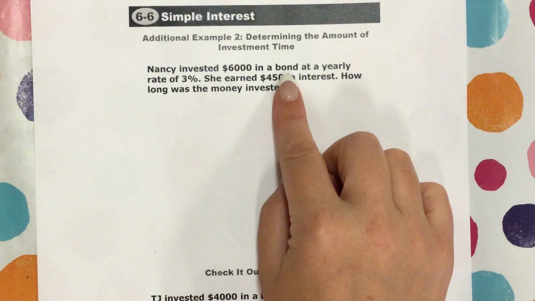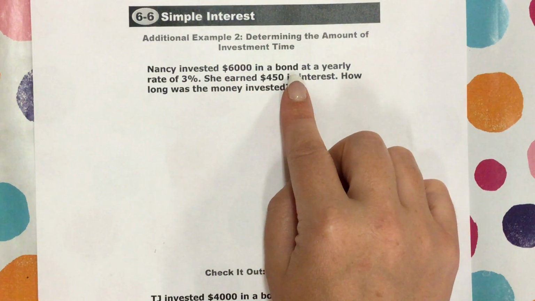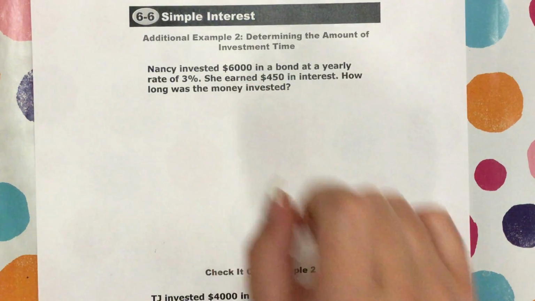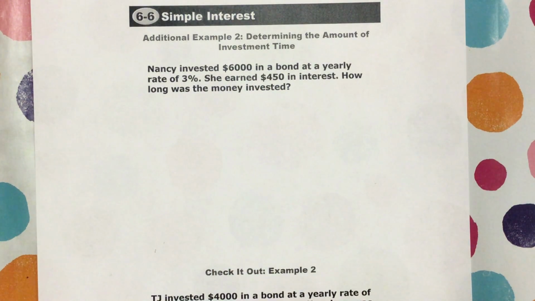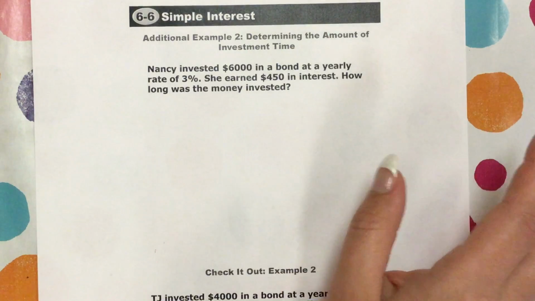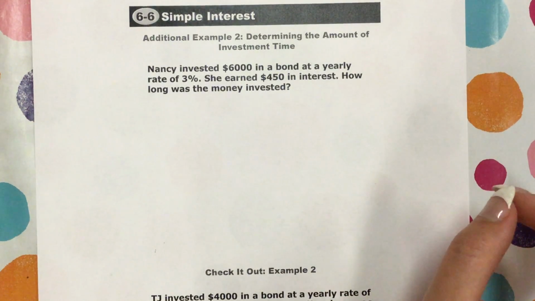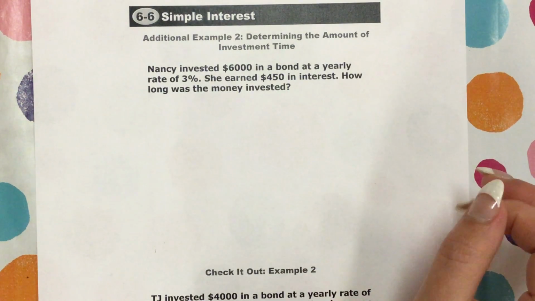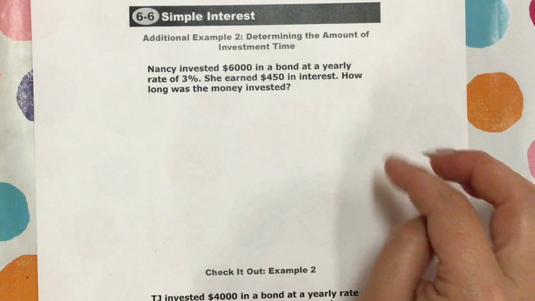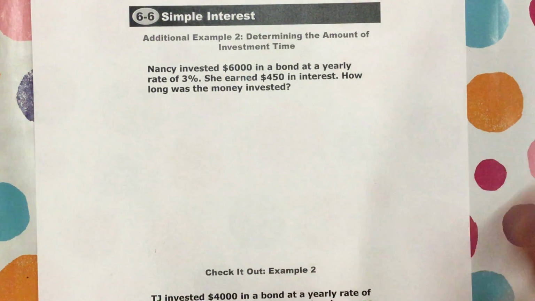Bonds are a type of investment that is very secure, which means you're not going to lose your money. There's other types of investments where you invest your money, like in the stock market or things like that, or mutual funds, and what can happen is you can actually end up losing your money.